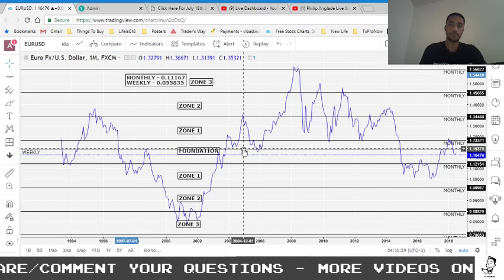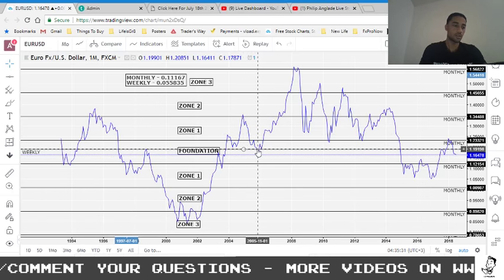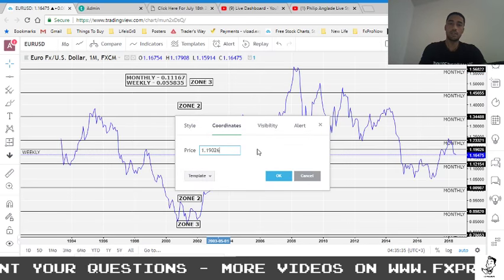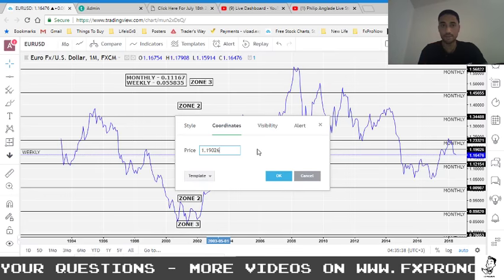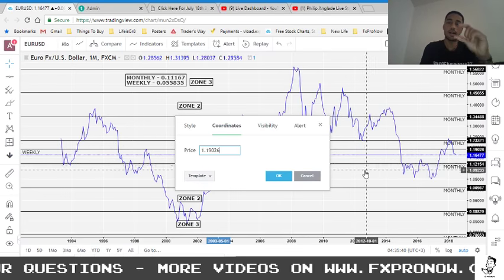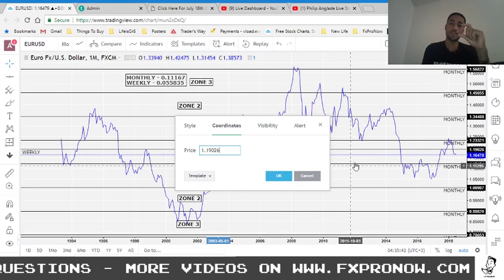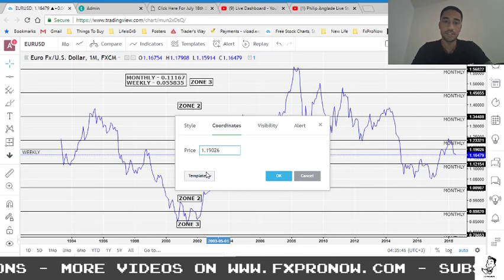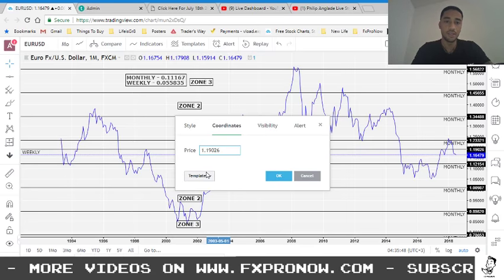Okay. So when it comes to the numbers that I'm subtracting, it's the first foundation's range that we came up with from the beginning. And the way that I came up with the weeklies, I just divided the monthly range by 2.